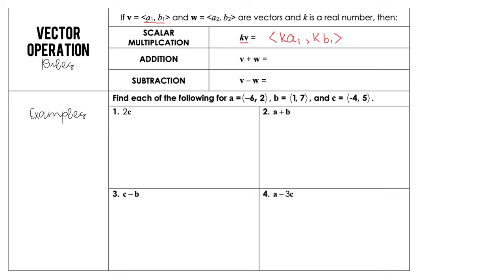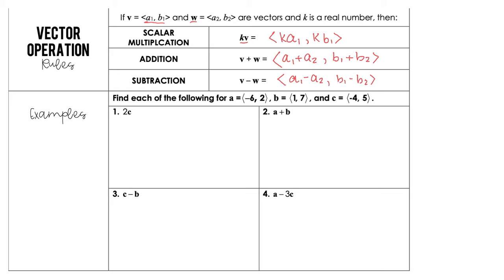Then on the addition of V and W, you're just going to add the corresponding component parts: A sub 1 plus A sub 2, comma, B sub 1 plus B sub 2. And on your subtraction, it's just what you think it would be: A sub 1 minus A sub 2, comma, B sub 1 minus B sub 2.